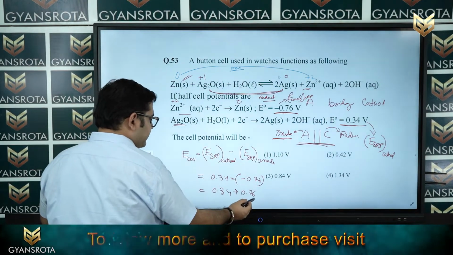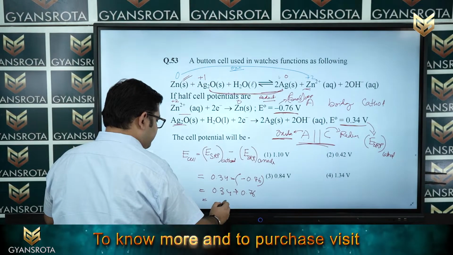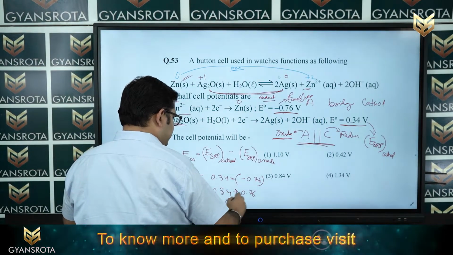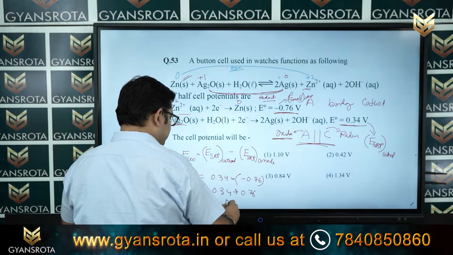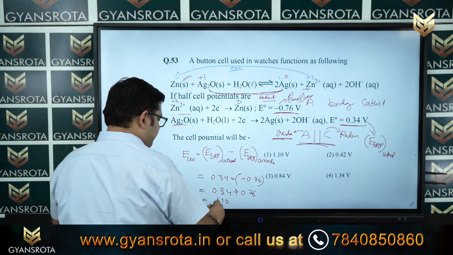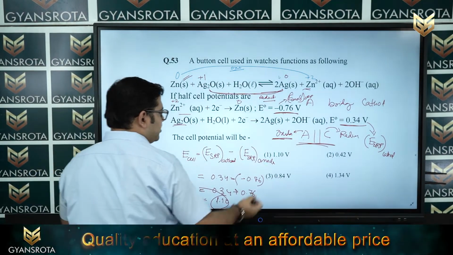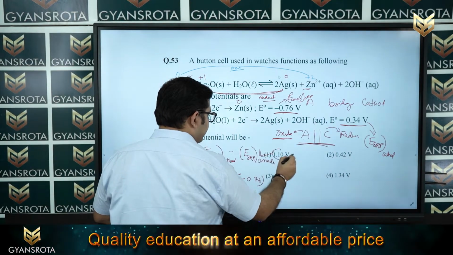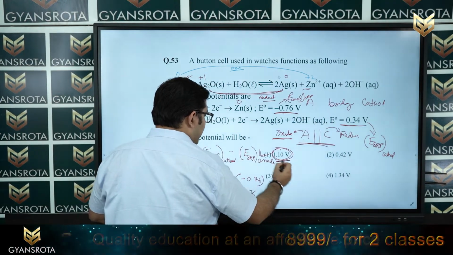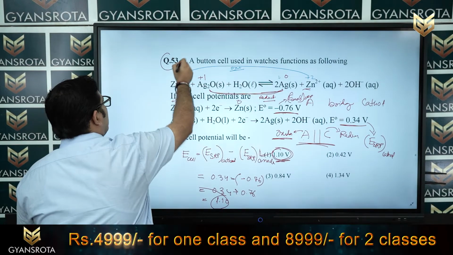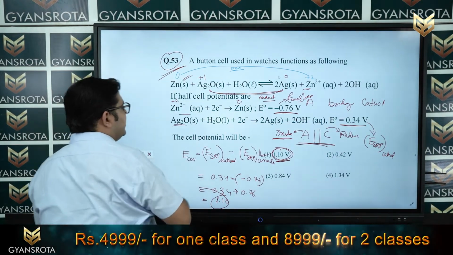Now, if you solve this, 6 plus 4 is 10, carry 1, and it will end up with 1.10. Now, if you see option number 1, it is given as 1.10 volt and this is the correct answer of your question number 53.